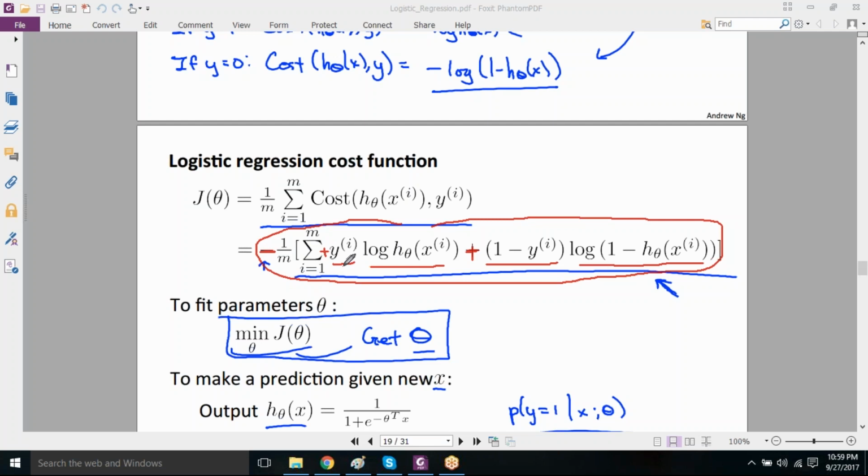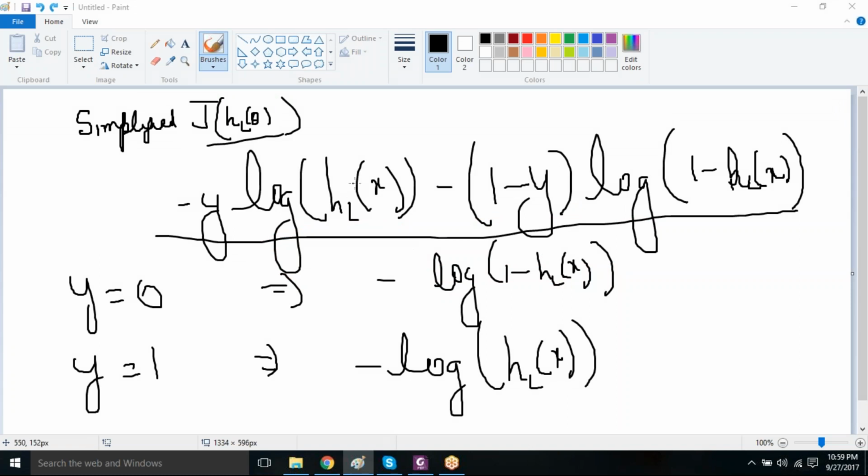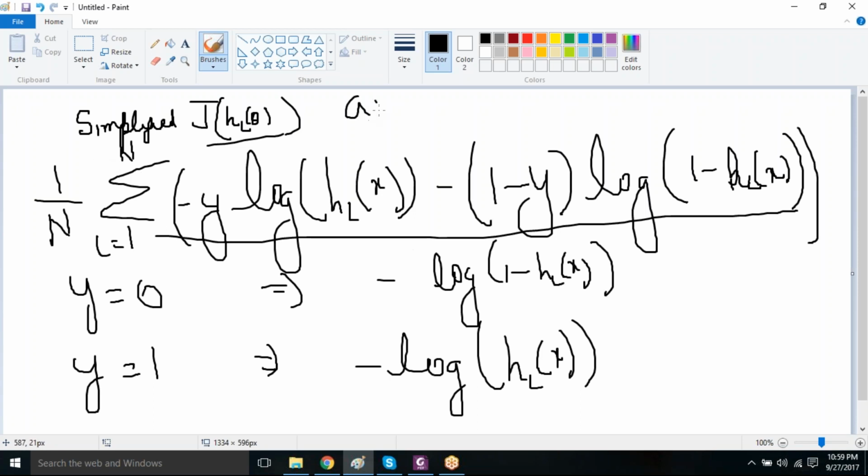Then you calculate this term over all the data points and divide it by the number of data points, similar to what you used to do in linear regression. Basically, I have to give the average cross entropy.